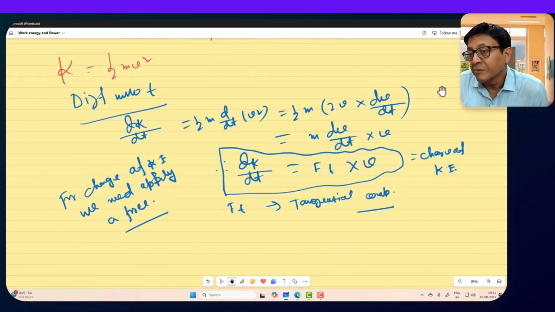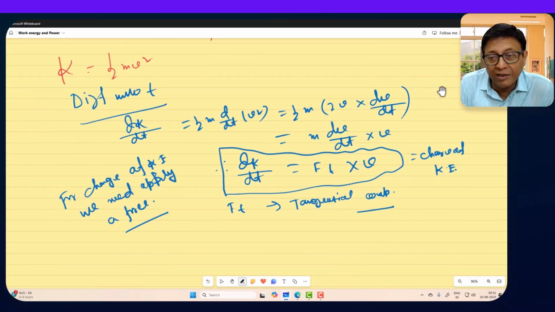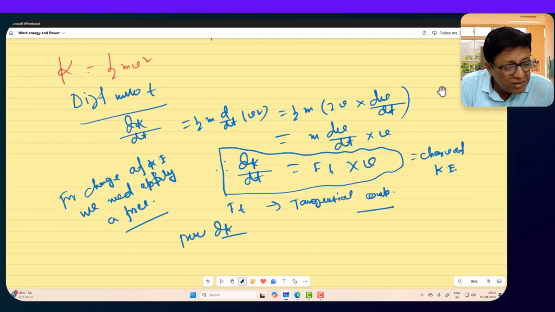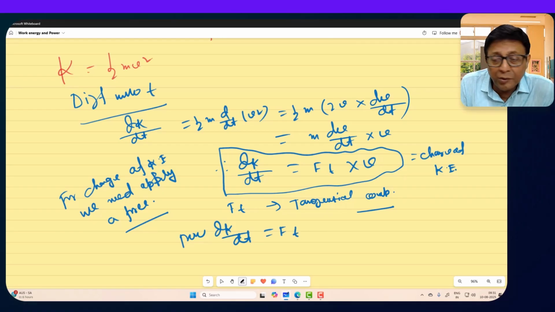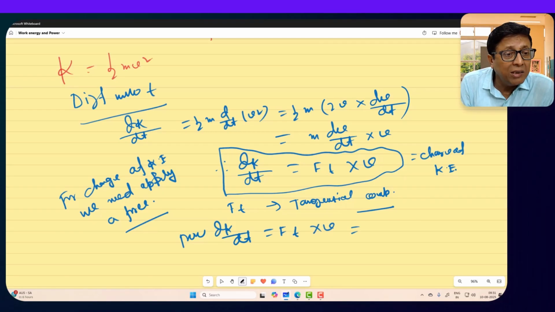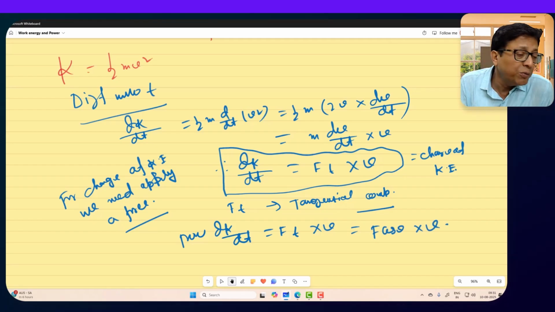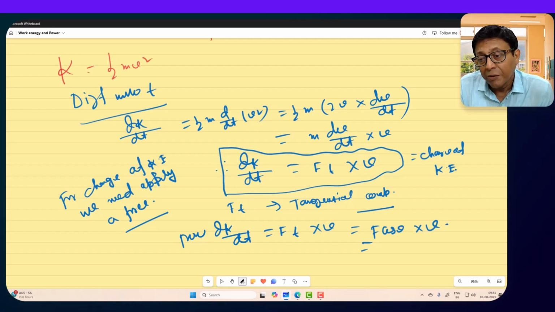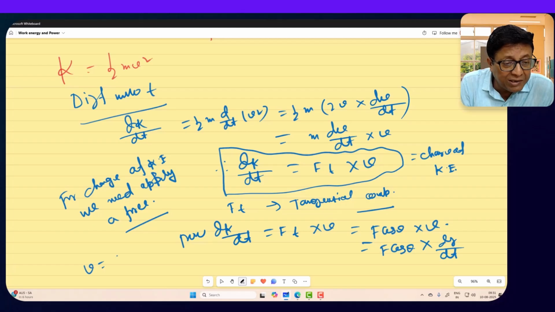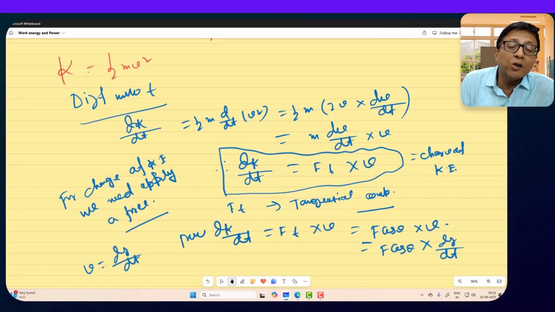So force is responsible, and using the vector form, we write dK by dt as Ft into V. Ft is the tangential component, that is F cos theta, into V. What is V? V is F cos theta into dr by dt, because V stands for rate of change of displacement.